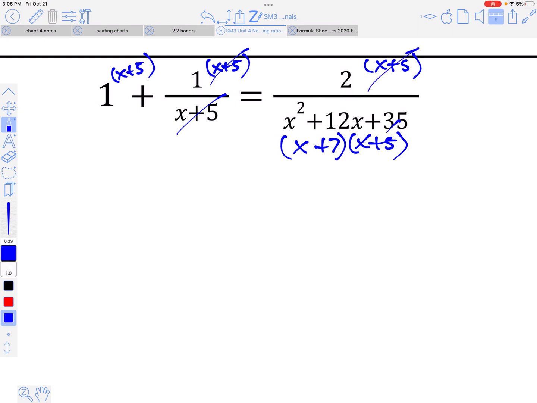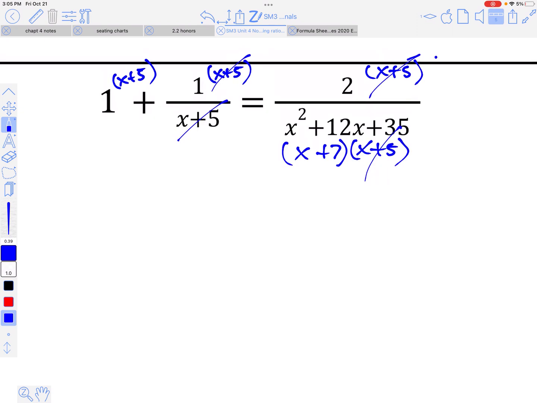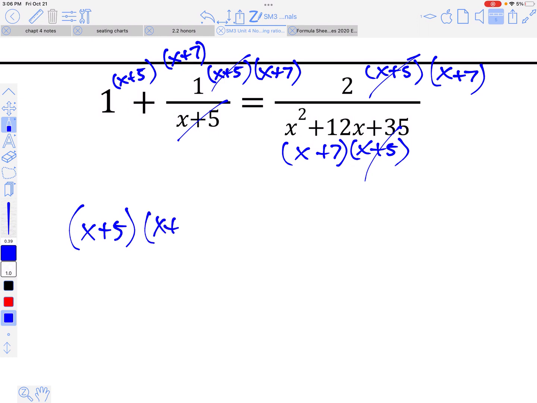So I notice the x plus 5 will cancel out, but then I notice I have an x plus 7 still. So I'm going to multiply by that so it can then cancel out. So on the left we have x plus 5 times 1, and then x plus 7. And then that canceled out, so all our denominators are divided out, and we're left with 2.